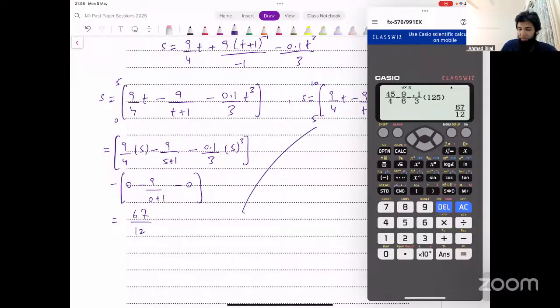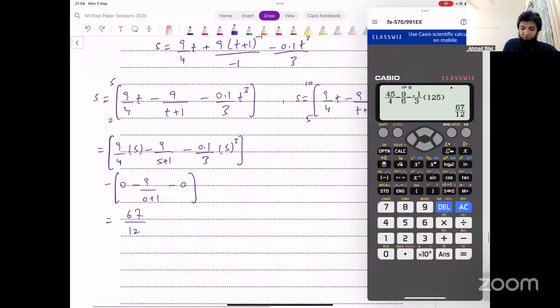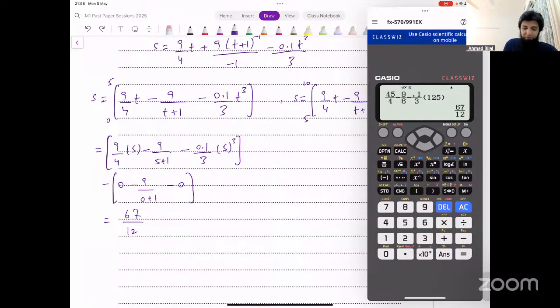That will help you in the next part because you will know the value at t equals 5 already. You can input that directly there. Then minus 9, that becomes plus 9, and that will give you something. That's 175 over 12. That's the distance traveled from 0 to 5, first of all. Okay, that's what we were looking for.